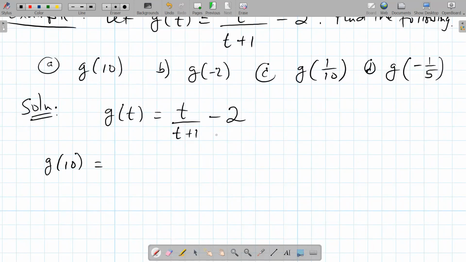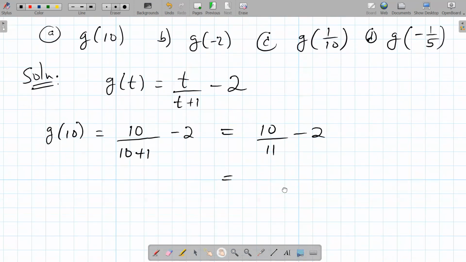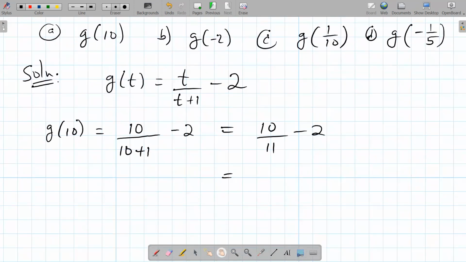I go to my right-hand side and do the same thing. Wherever I see t, I put in 10. So it becomes 10 over 10 plus 1 minus 2. So that would be 10 over 11 minus 2.